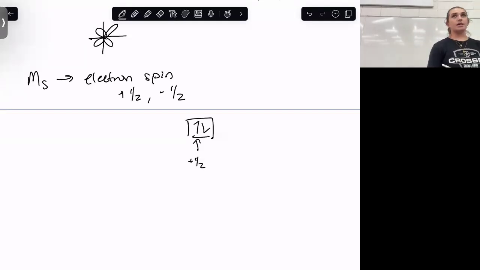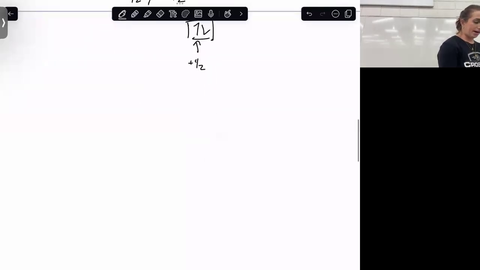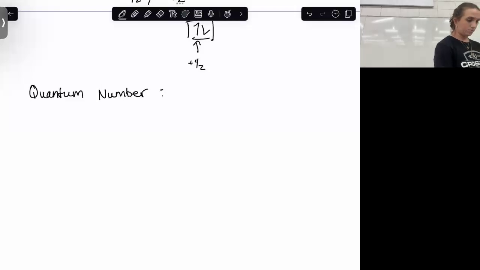Alrighty, so again, this identifies an electron. This says, if you go to this specific spot right here, this is the electron that I'm talking about. So if we had a quantum number 2, 0, 0, +1/2, what could you tell me about this electron?